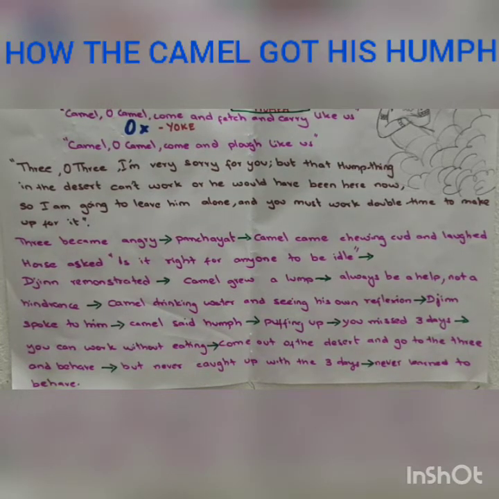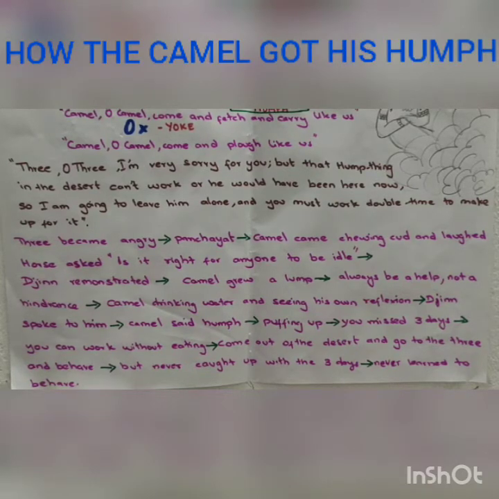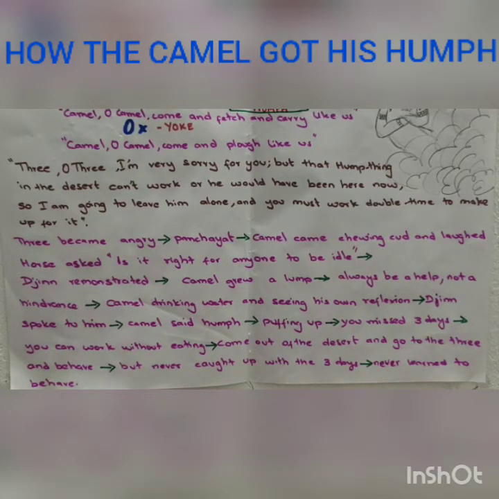So the camel came to drink water, and he was looking at his reflection in the water. And the jinn was talking to him, why don't you go do some work? And the camel said, humph. As usual, the camel kept saying humph. So the jinn said, the camel already got a small lump on his back, but he didn't bother about it.